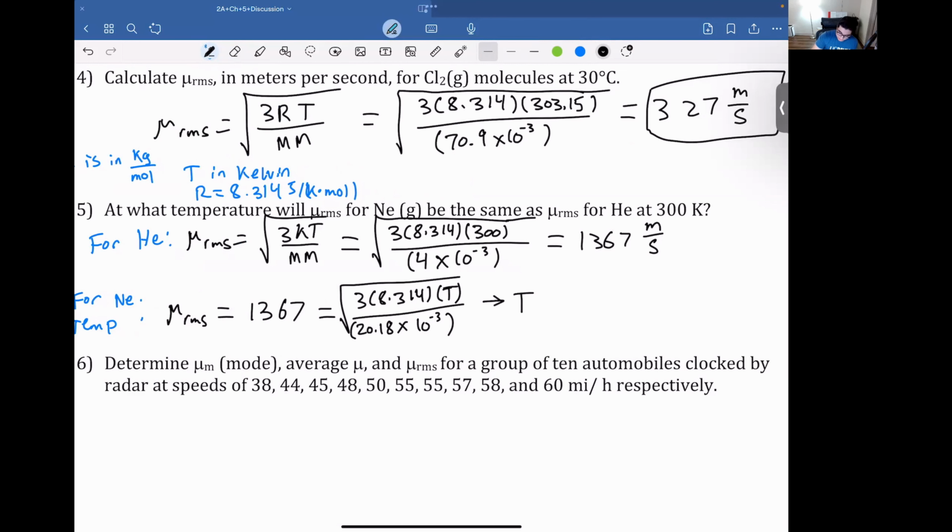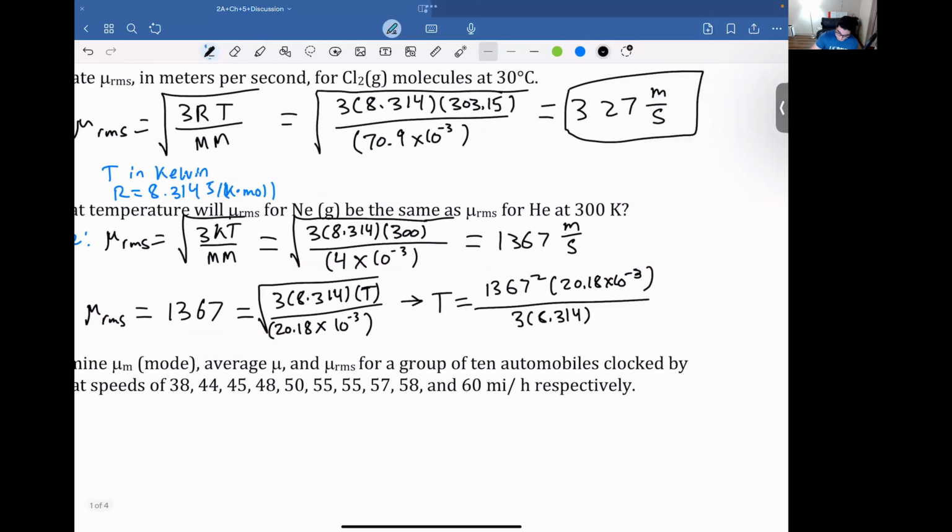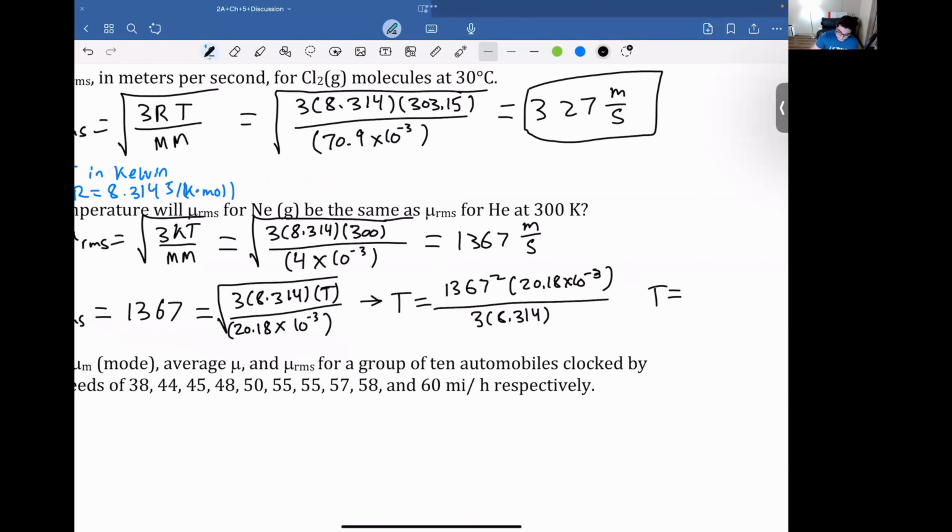You solve for T here algebraically. You square both sides, multiply both sides by the denominator, then divide by the things multiplying T. When you plug this into your calculator, you get 1510 Kelvin.